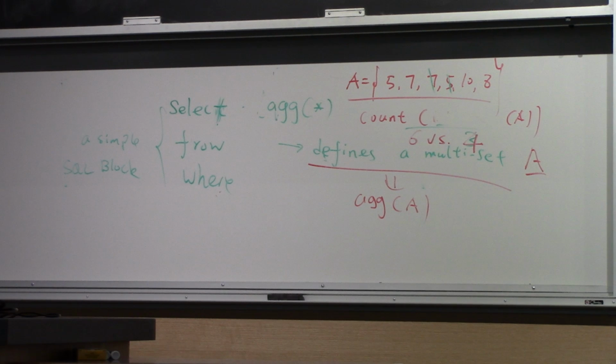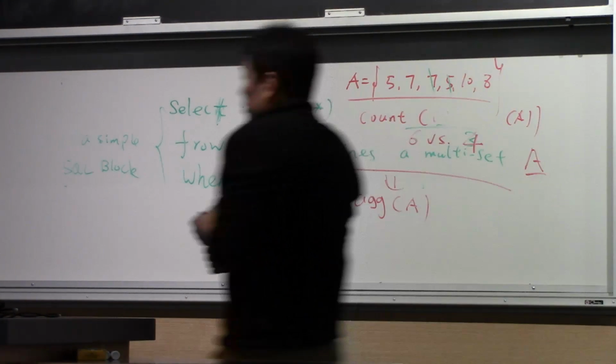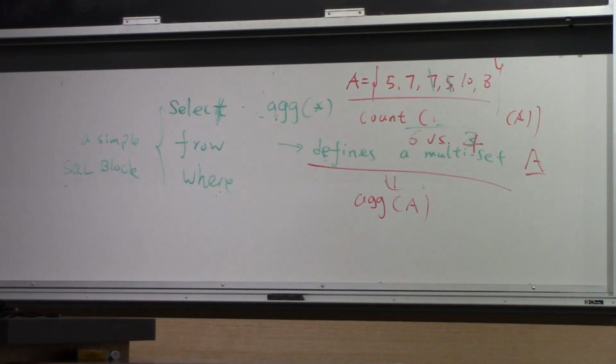Then you apply your aggregation operator. If it chooses between the first 5 and the second 5, that doesn't matter. For an aggregation operation, which 5 you choose doesn't matter. Right? Okay, so that's for this example.